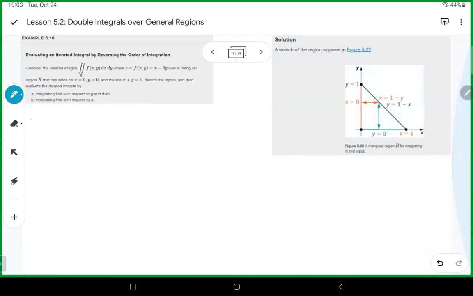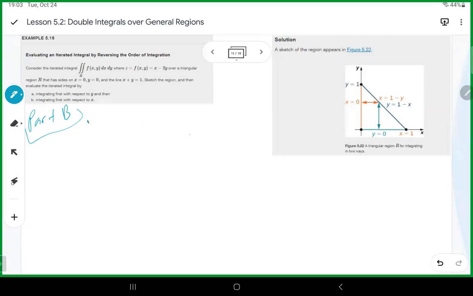So, part B. The other way to do this problem is by integrating x from 0 to 1 minus y horizontally, and then integrating y from 0 to 1.